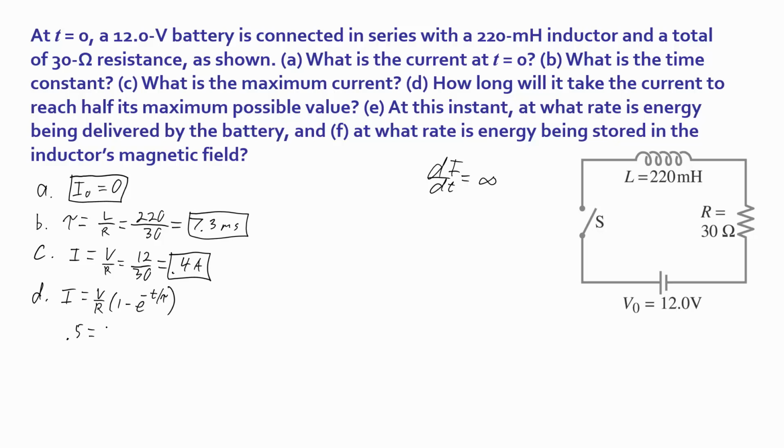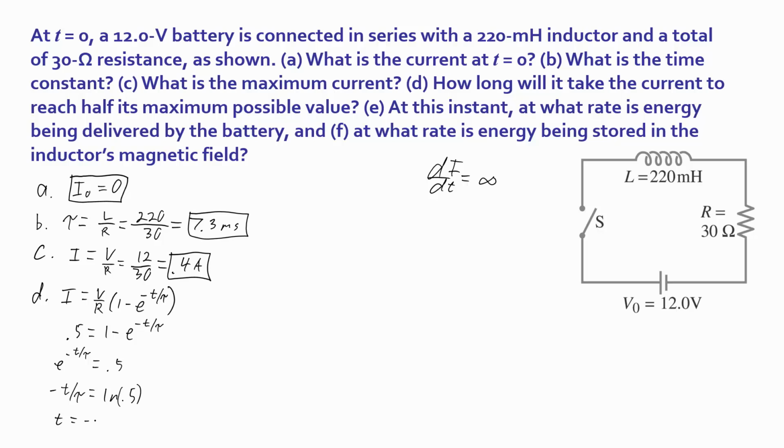So we can forget about the rest of the equation and just solve this little guy right here. We get e to the negative t over tau is equal to a half. We take the natural log of both sides, so we get negative t over tau is equal to the natural log of 1/2.